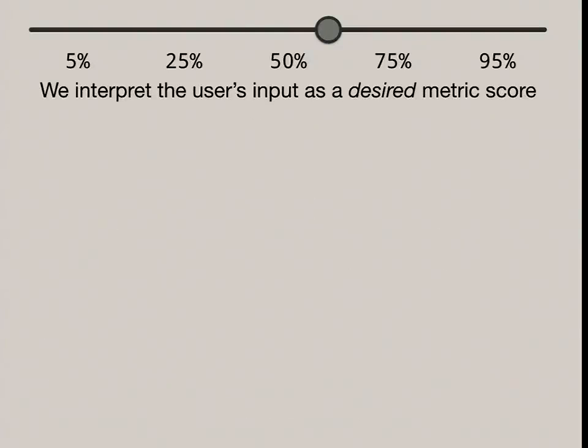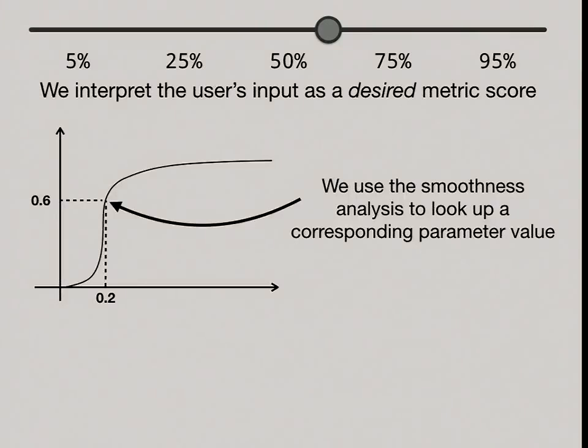So what I mean by that is that the slider that used to control a parameter score in our Ganesh interface, we replace it with a fake slider. It basically looks exactly the same. When the user sets a value for this parameter, because we've smoothed the variable, they're telling us what metric they really want. They're telling us where exactly they want this metric to end up.